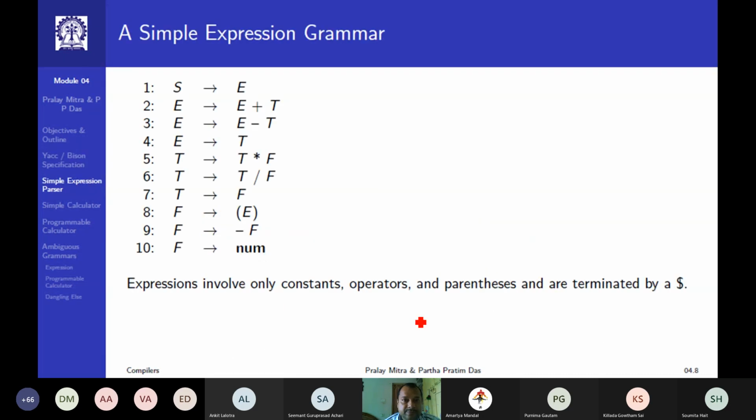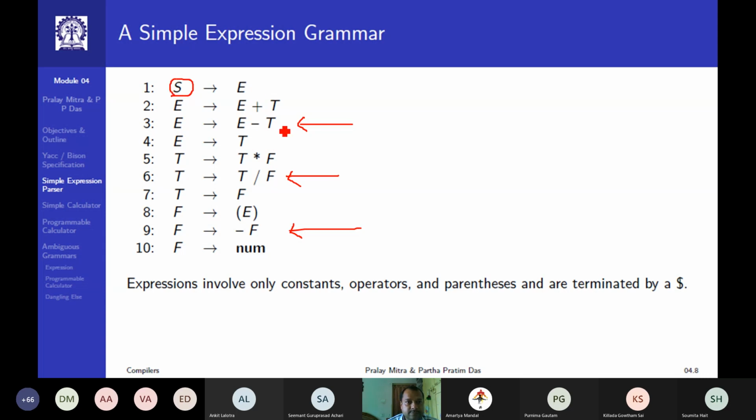Now the first expression grammar. Here you see that it is the same as what we have discussed so far as a grammar. The extra part I am marking here is this. Now you can consider statement derives expression.